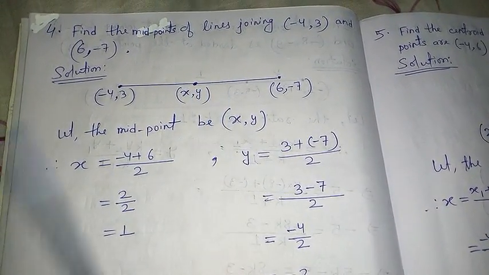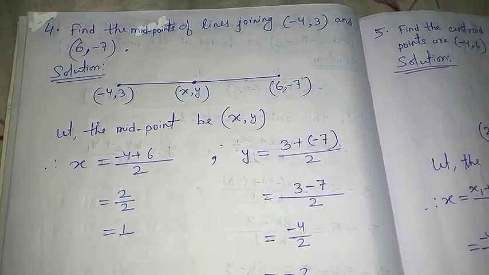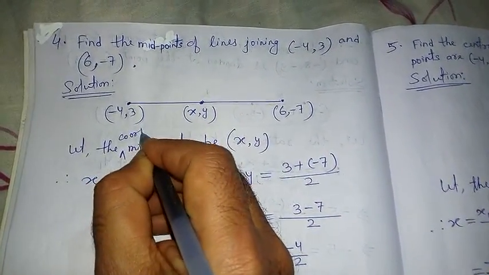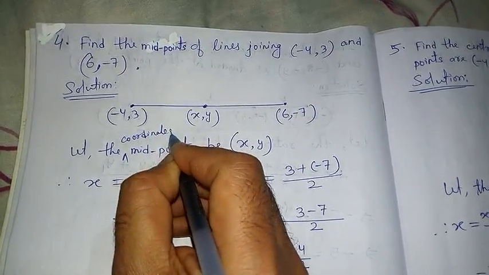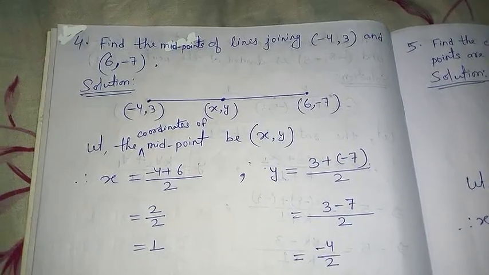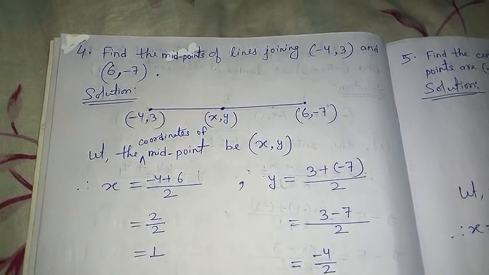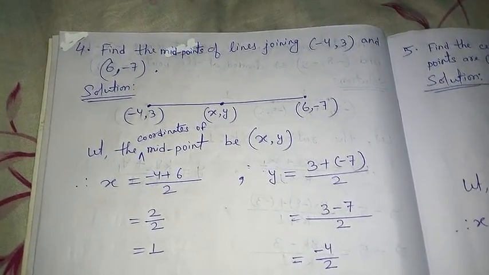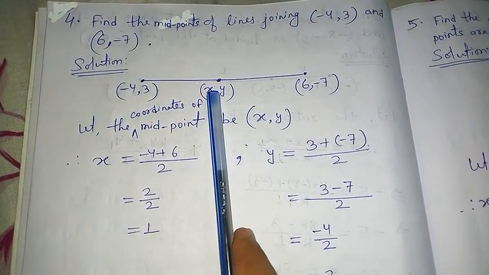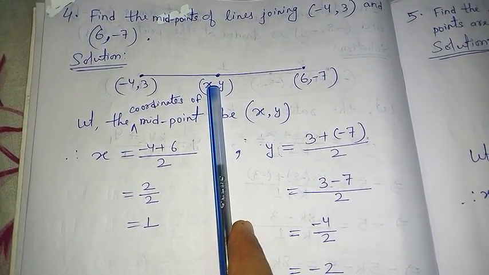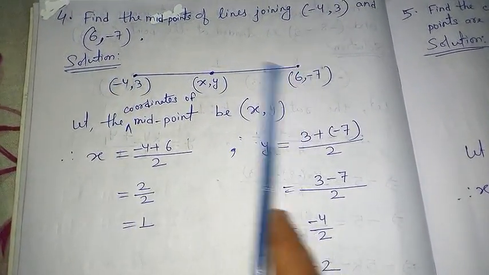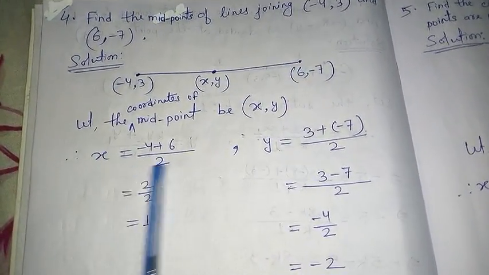Let the coordinates of the midpoint be (x, y). That is what I have written here. Now, as you know, I have to begin from the first. X is the first number in the middle. x equal to, then I take the first from both, (-4 plus 6) by 2.